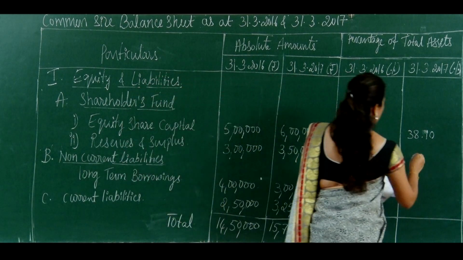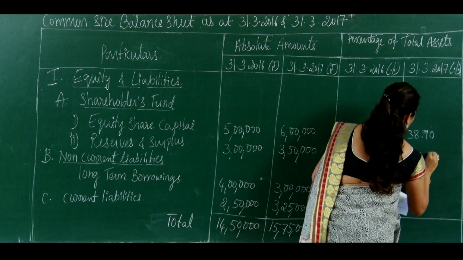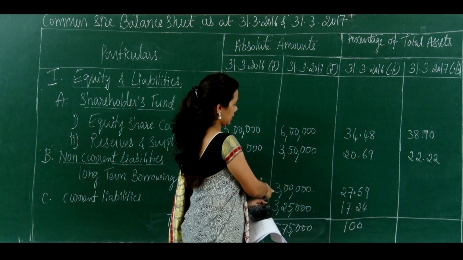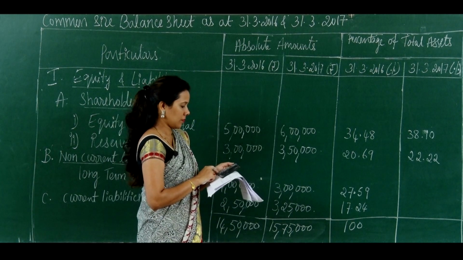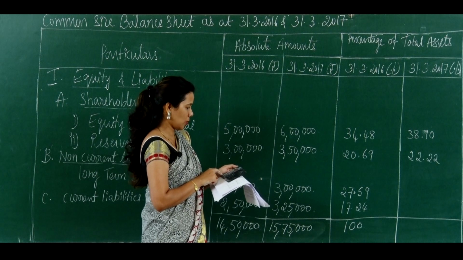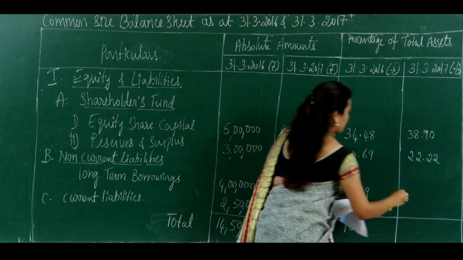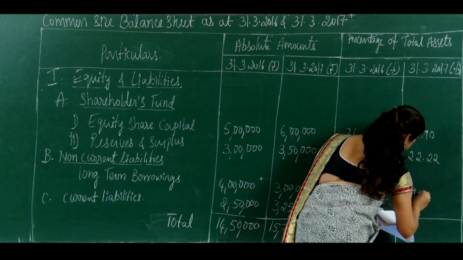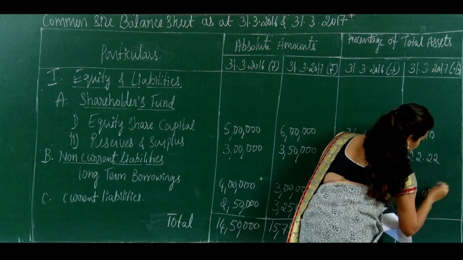So, that is 22.22. The next one is 3 lakhs divided by 15 lakh 75,000 into 100, that is 19.05.